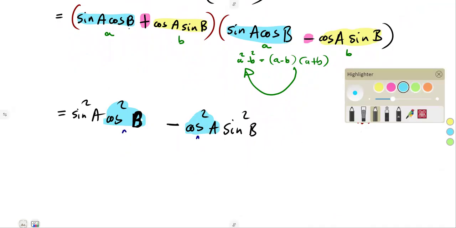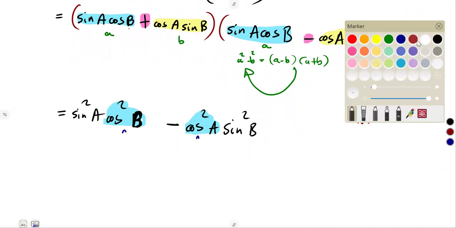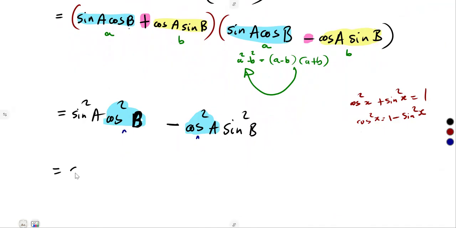with their equivalent identities. So the sine remains as it is because it's part of your answer. Your answer must be in terms of sine.